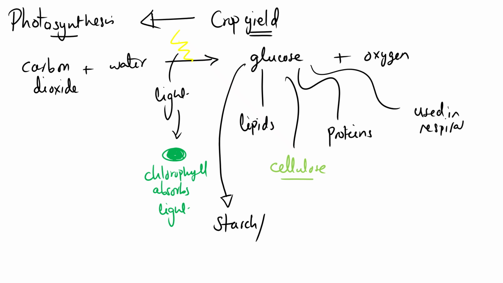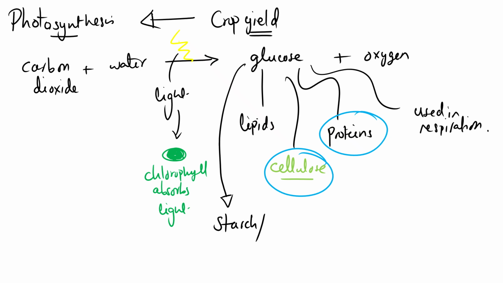Now, how am I going to draw links to this topic with crop yield? Well, when plants grow, their growth is governed by proteins and cellulose and all these other nutrients. So if you increase carbon dioxide levels, increase water levels, increase light intensity, you're going to increase the whole rate of photosynthesis, aren't you?